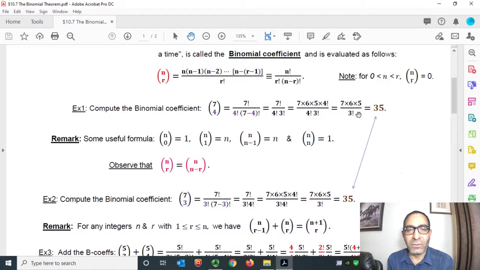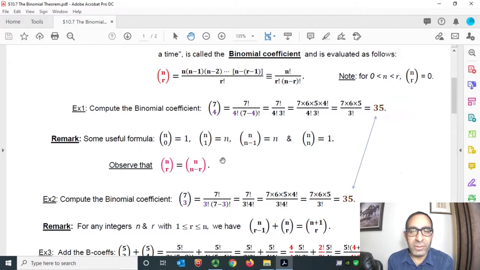Since 3 factorial is 3 times 2 times 1, which is 6, 6 and 6 cancel, so we have only numerator 7 times 5, 35 left. Awesome. So the value of 7 choose 4 equals 35.